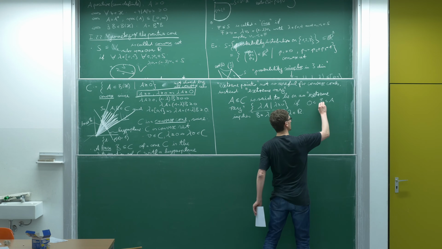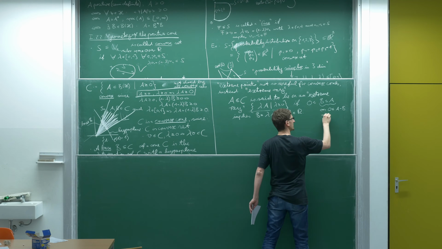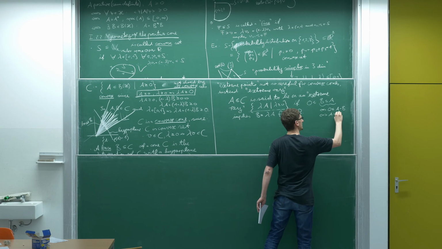Of course, the definition of this here is that 0 is smaller than A minus B. So this means that A minus B is in the cone.